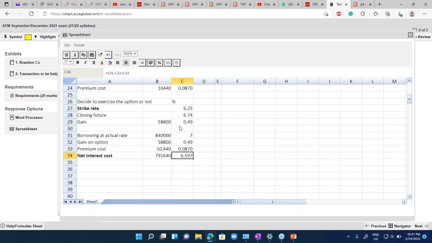Just convert the gain into an absolute amount, and this calculation into the absolute amount. It will be perfectly fine. You will get the full marks, because it is the decision that matters.